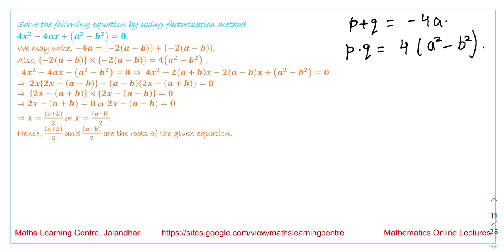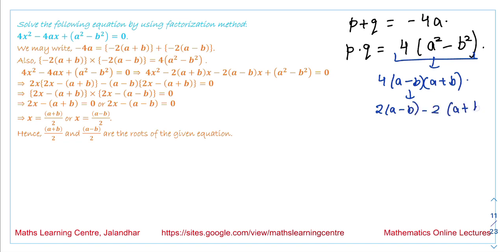If we look at the factors of this term, it is 4 into a minus b into a plus b. It is 2 into a minus b and 2 into a plus b. These two terms satisfy this condition.